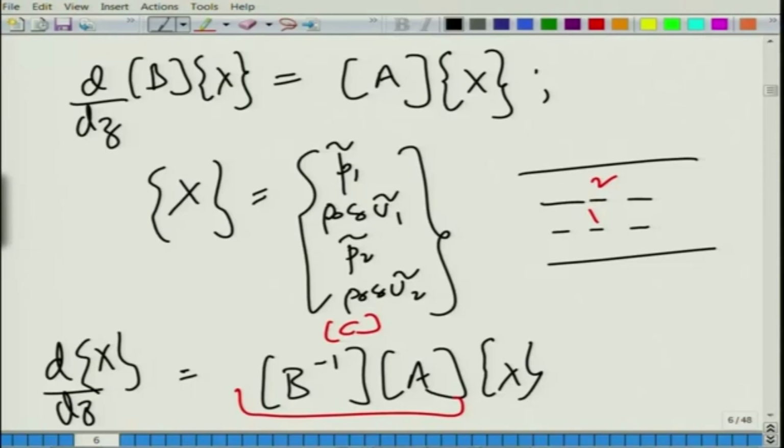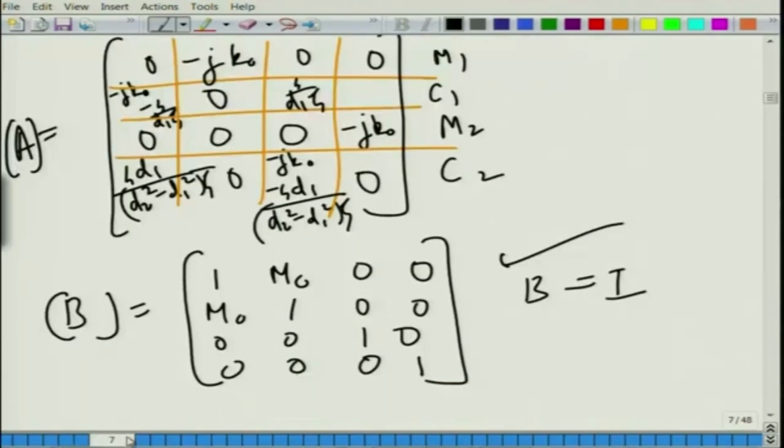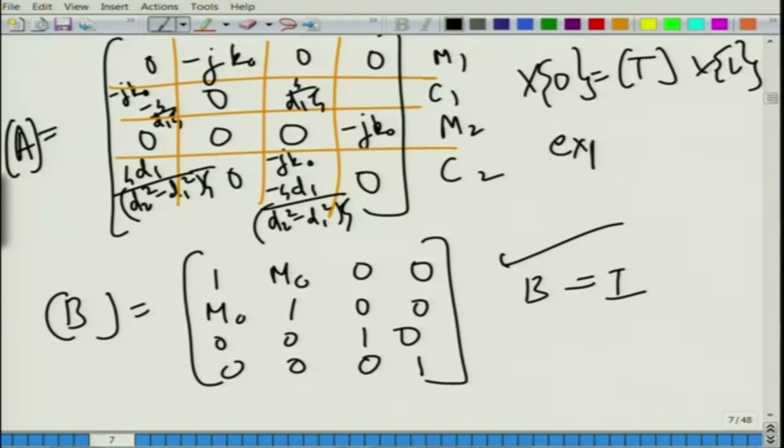With this understanding, we use the exponential matrix to get the final form we talked about, that is, the state variable at x equal to 0 is equal to the T matrix times x at L, where the T matrix is the exponential of minus C L. It just becomes all the more easy.